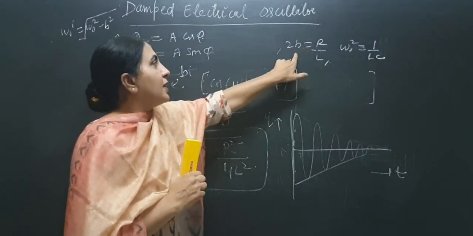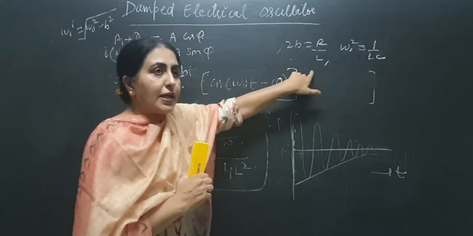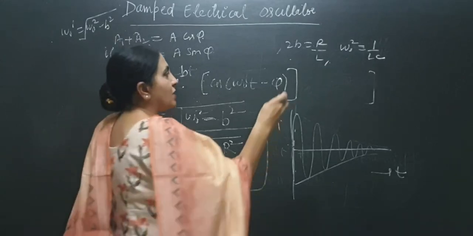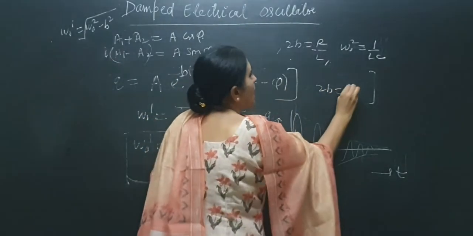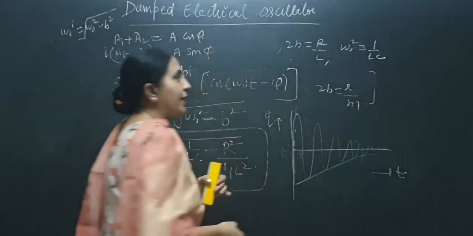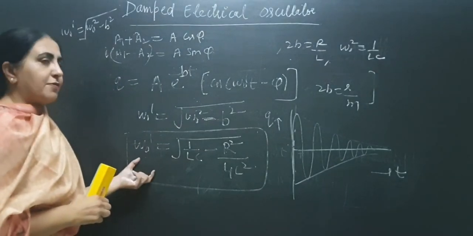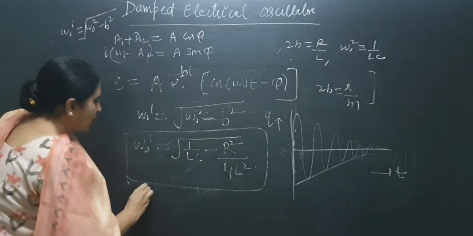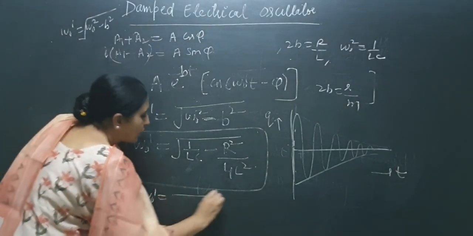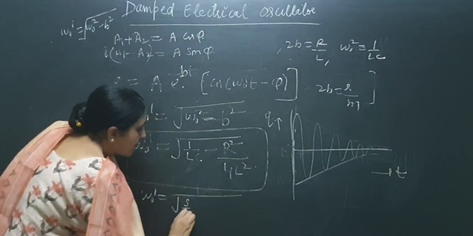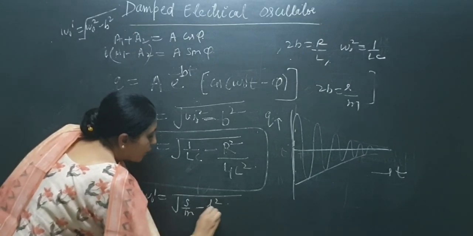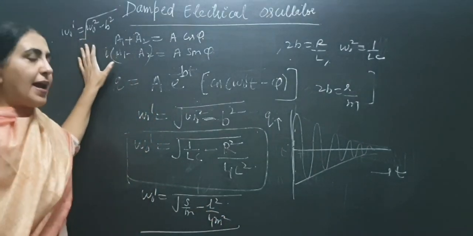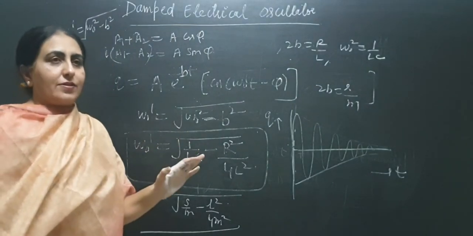B is equal to R by 2L in the electrical oscillator, and in the mechanical oscillator 2b is equal to R by M. These are the differences in frequencies. When you put the values in the mechanical oscillator, omega naught dash is equal to under root S over M minus R square over 4M square. So this is all about the damped electrical oscillator. Thank you.